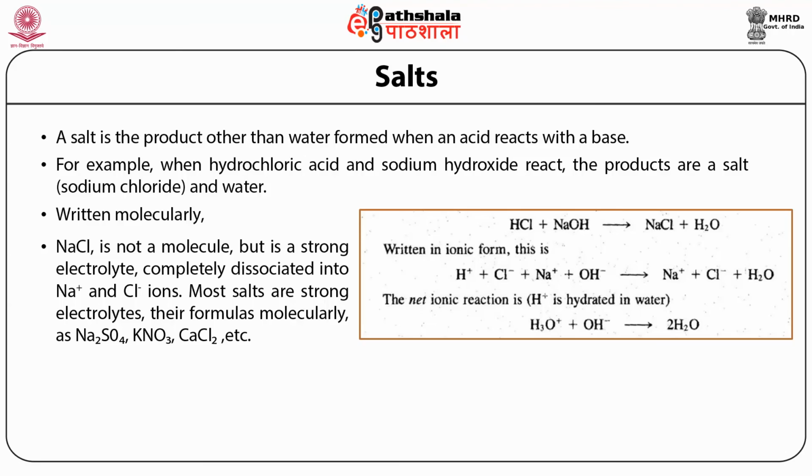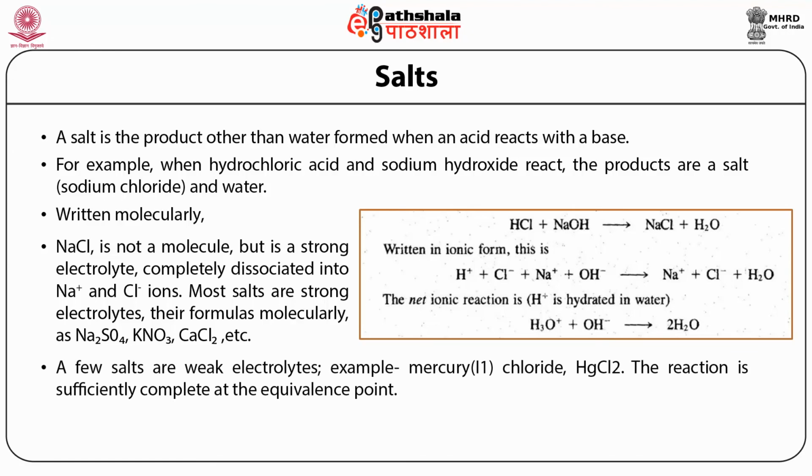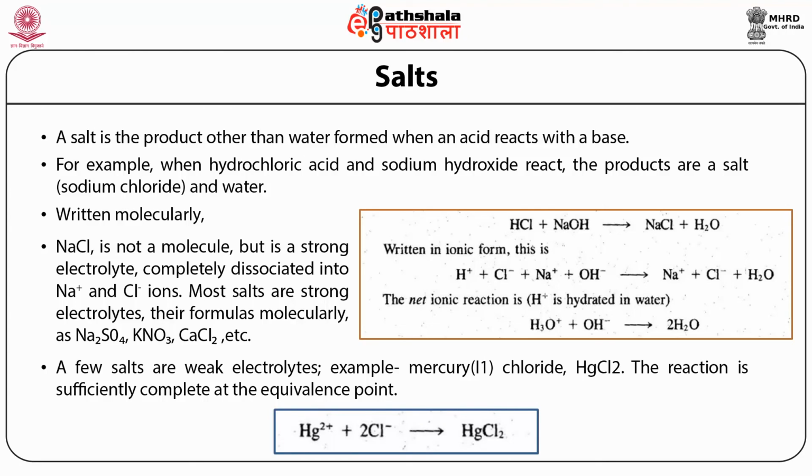Most salts are strong electrolytes, with formulas such as sodium sulfate, potassium nitrate, calcium chloride, etc. A few salts are weak electrolytes. One we will encounter later is mercury(II) chloride. The reaction is sufficiently complete at the equivalence point, that is Hg2+ plus 2Cl- equals HgCl2.